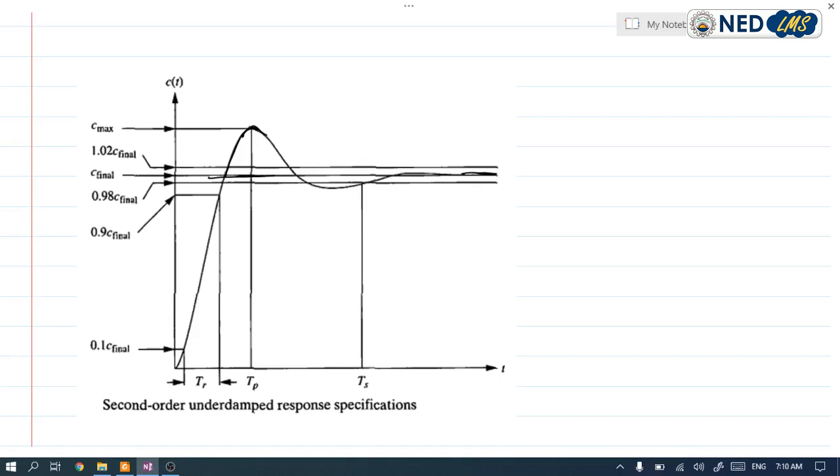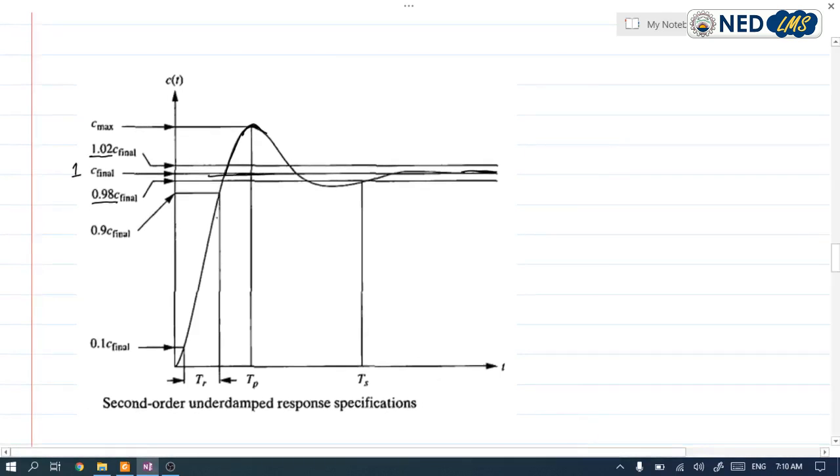So here we can see that if our final steady state value is 1, its plus 2% will be 1.02, and its minus 2% will be 0.98.